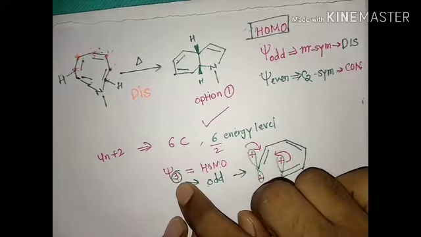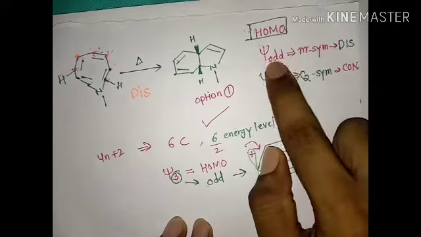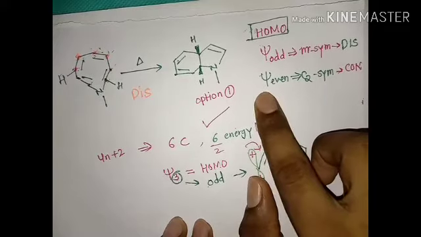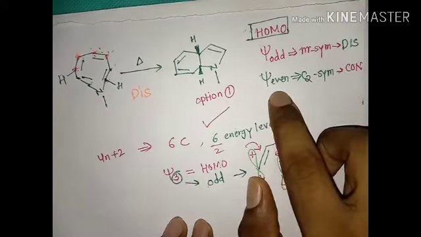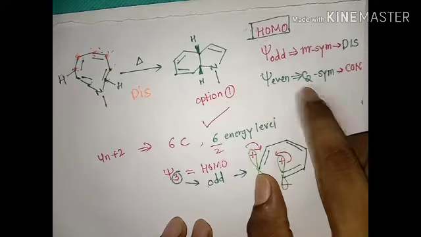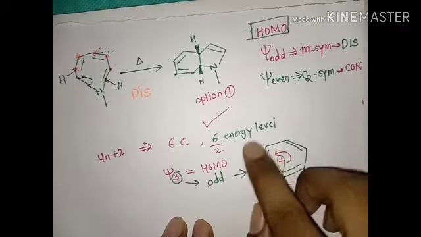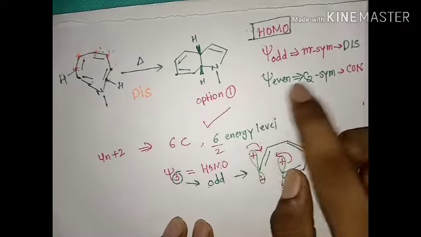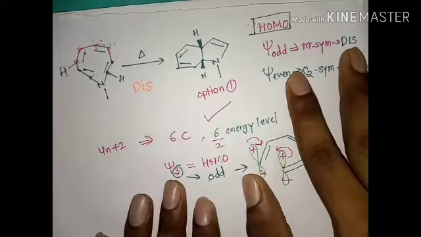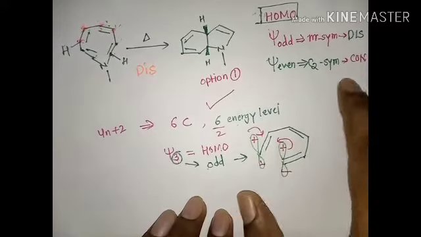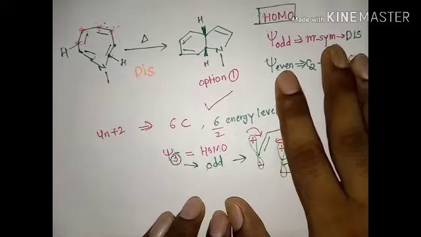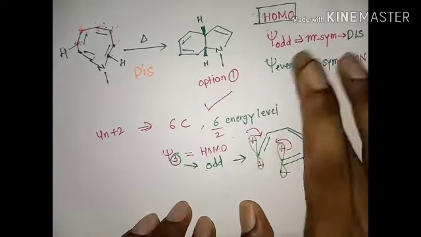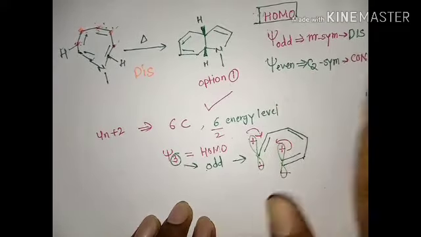Here it is psi 3, an odd number, so the operation is disrotation. If it is even, then it will be C2 symmetry, your orbital will be C2, minus and plus, so you will have conrotation. Always remember it like that. You don't have to mug up all the selection rules. You just see the function and do the operation.